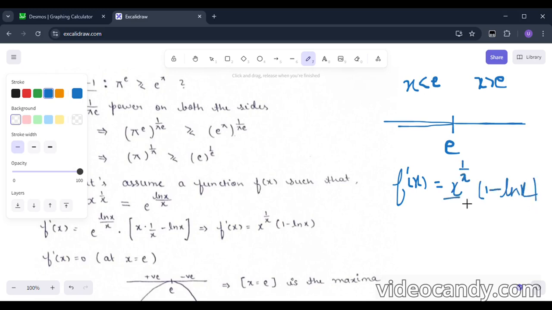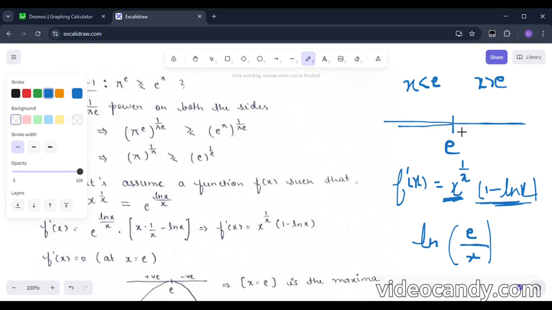Now this portion will always be positive. What we have to check is basically this one, 1 minus ln x. Now this 1 minus ln x can be written as ln of e by x, using the properties of log.